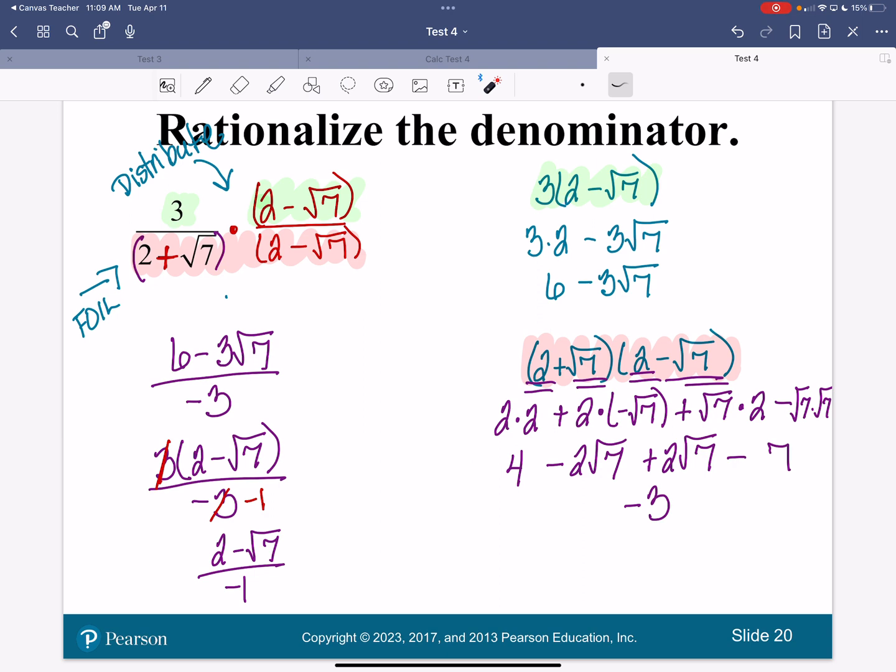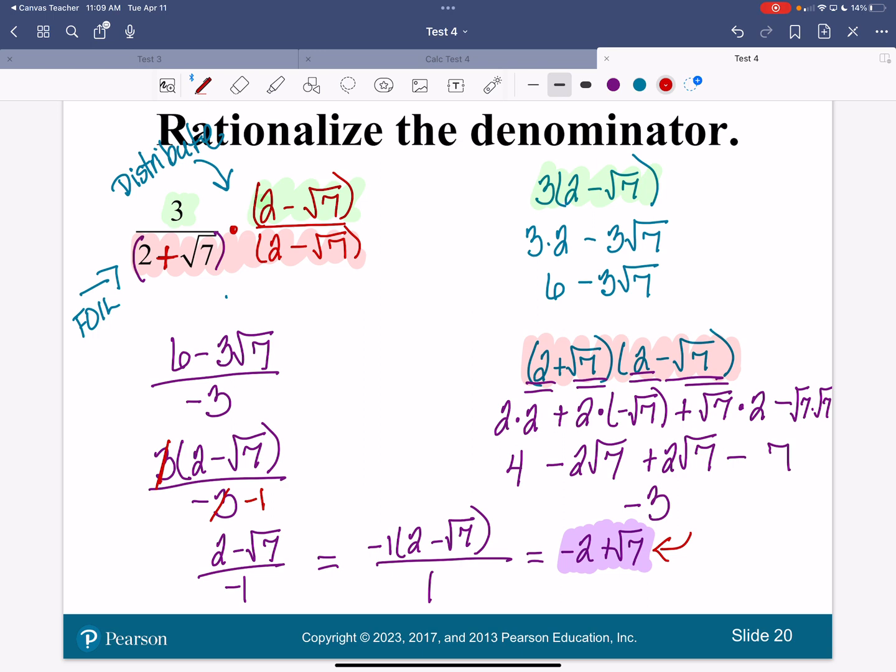So what you have to do is think of this negative 1 as negative 1 times 2 minus the square root of 7 over 1. So my final answer to this is going to be negative 2 plus the square root of 7. That's my final answer right there. Okay, so you have to be careful with that, and it takes practice. Okay, it takes practice.